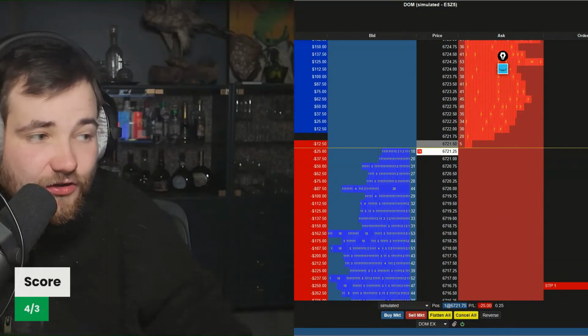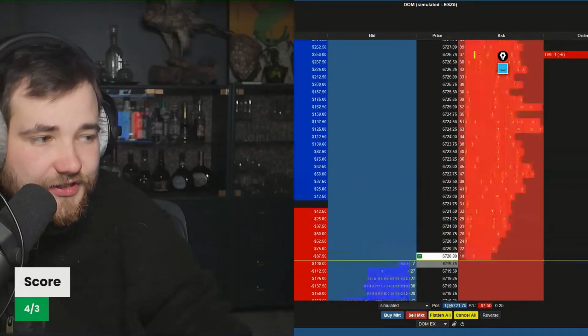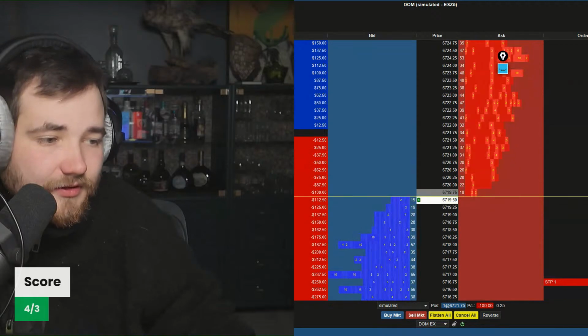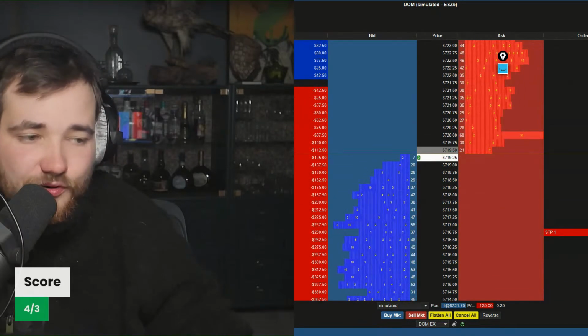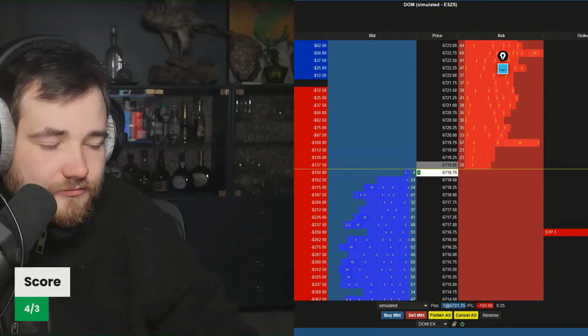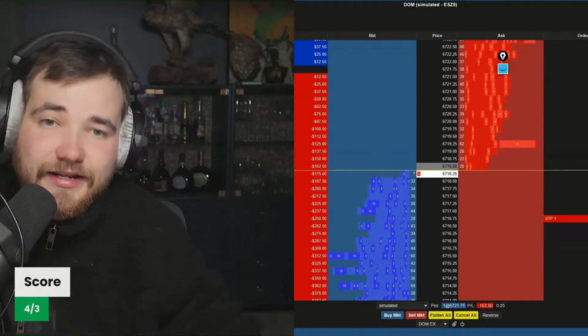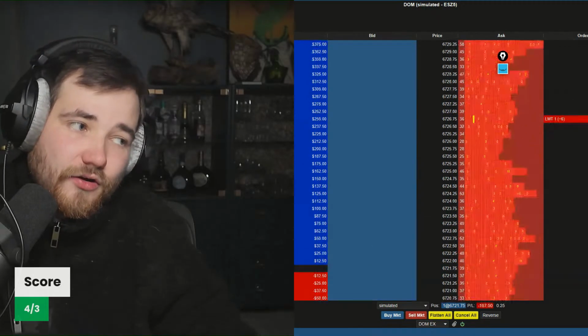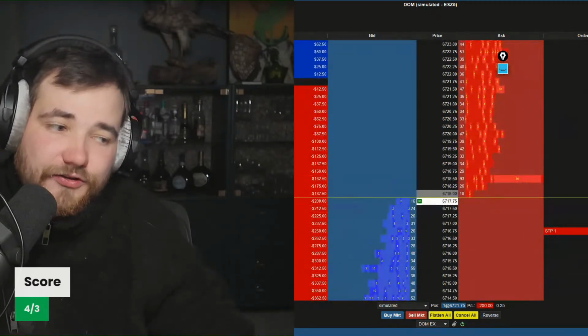You can also see this is a low volume node here. So this is a place where price is rejecting this area specifically, just based on the volume profile. So if you're trading outside in, then you're looking to fade low volume back to high volume.